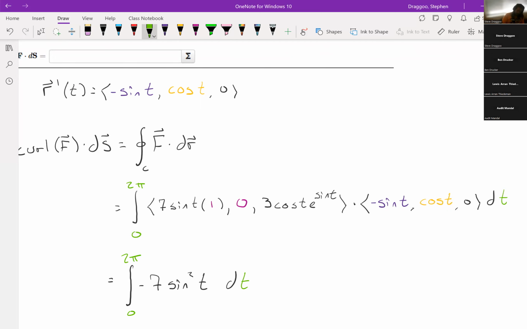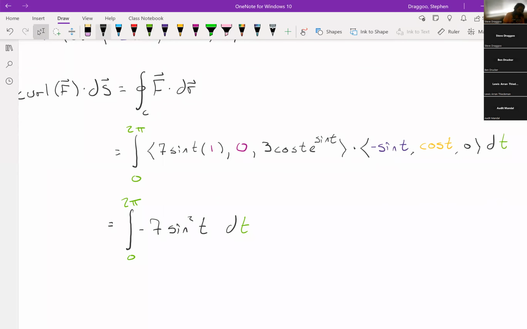A few different options for evaluating this integral. My favorite is to say that sine squared, if I integrate it over its full period, well, I know that sine squared and cosine squared, when added together, get me a rectangle that has a height of 1 and a width of 2 pi. They stack on each other very nicely.